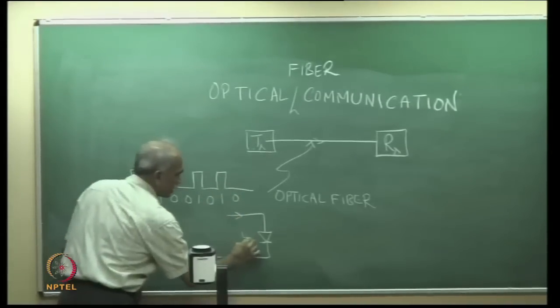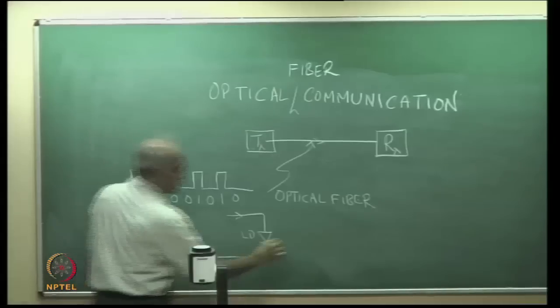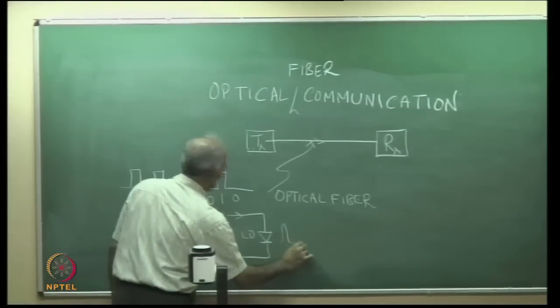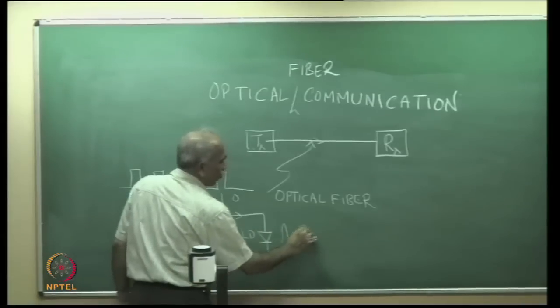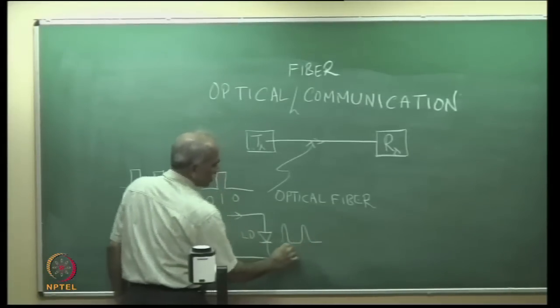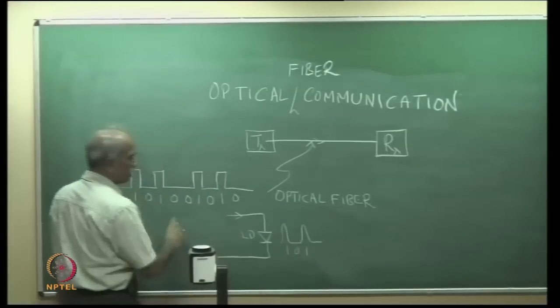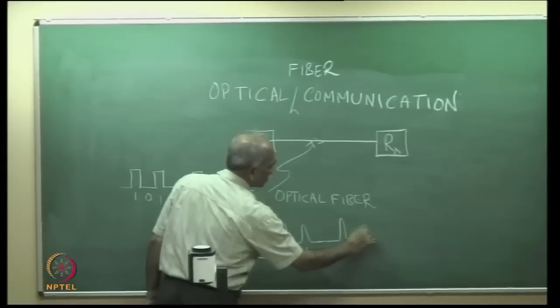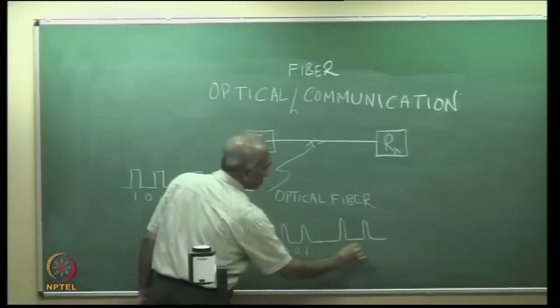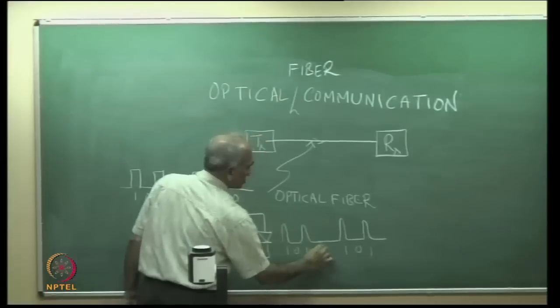This is a laser diode, LD, which gives light output. If the input is 1 0 1 0 0, the output follows the same way, with no output for the zeros.